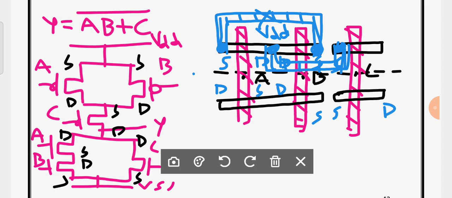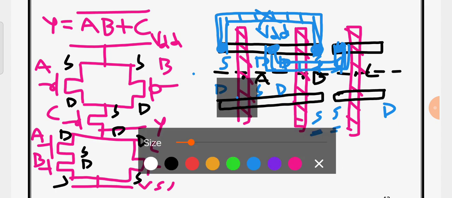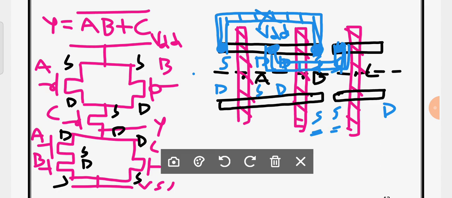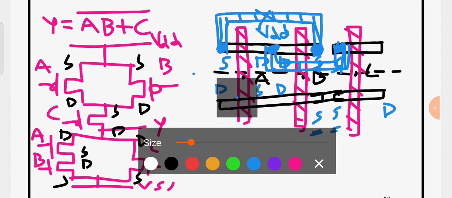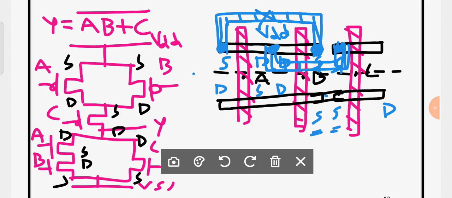Since the source of B and the source of C should be joined together, you can use the same diffusion to join these two. But don't forget here you have to give VSS, therefore definitely you have to take a metal extension there, and you have to give a contact, then you have to give the cross mark.